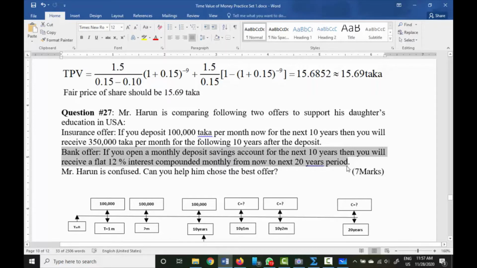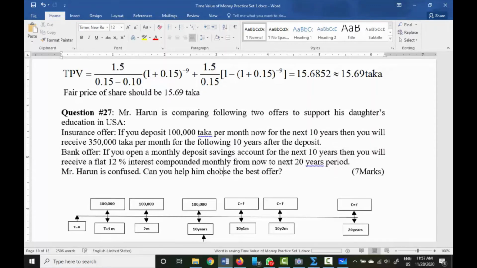So this is the interest. Mr. Harun is confused. Can you help him choose the best offer? So let's do it.